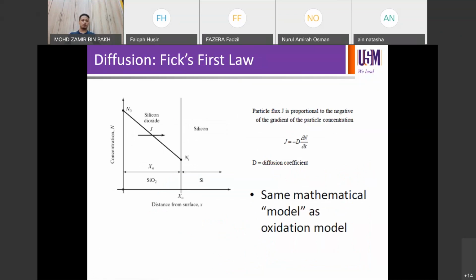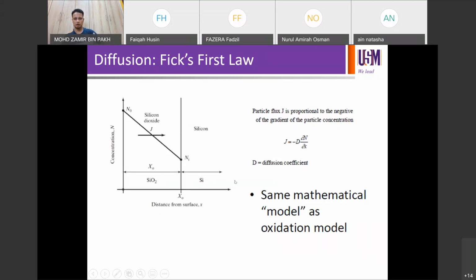So Fick's first law in general is what's governing the diffusion process. We've discussed this when we talked about the growth model last time during thermal oxidation. You have seen this example before, where you have a precursor material crossing through oxide, and only then coming to silicon. You have different flux conditions at different times, at different thicknesses, in order to form the oxidation process.